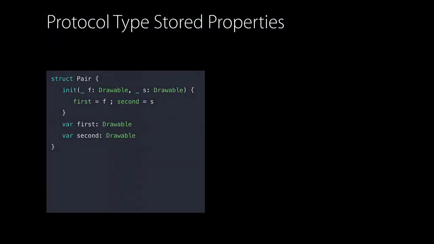Okay, so we've seen how local variables are copied and how method dispatch works for values of protocol type. Let's look at stored properties. So in this example, we have a Pair that contains two stored properties, first and second, of Drawable protocol type. Now, how does Swift store those two stored properties?